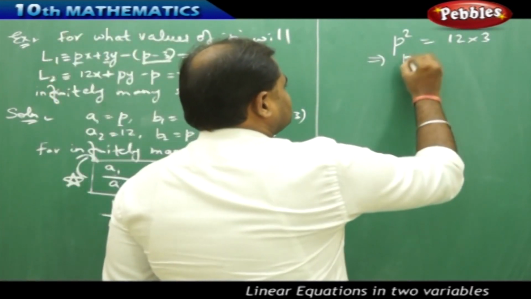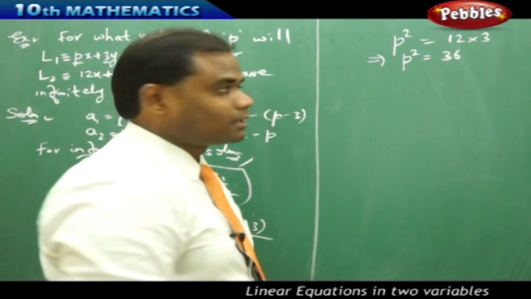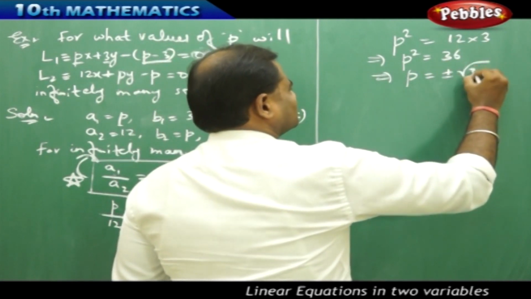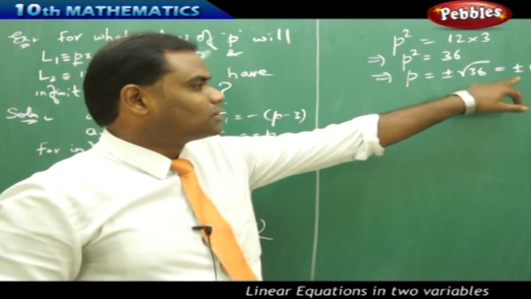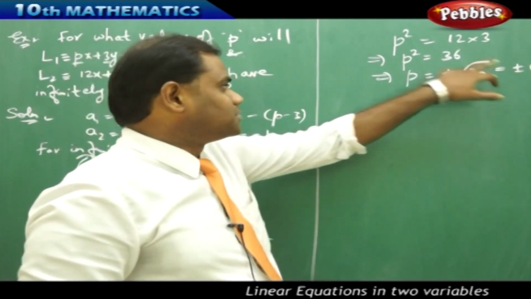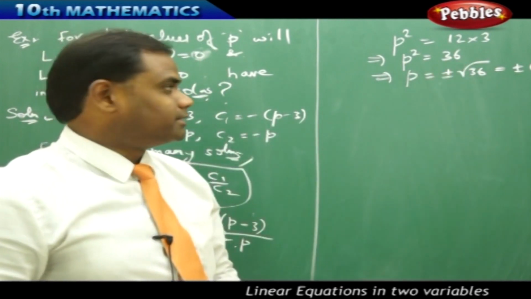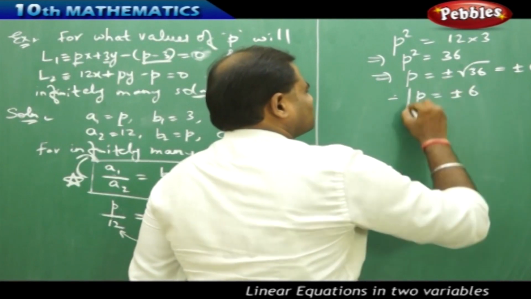That implies P square is 12 times 3, which is 36, and therefore P is plus or minus root 36, that is plus or minus 6. I get both the positive and negative value, which leads to the solution of P square equal to 36. Therefore, I have P is equal to plus or minus 6.